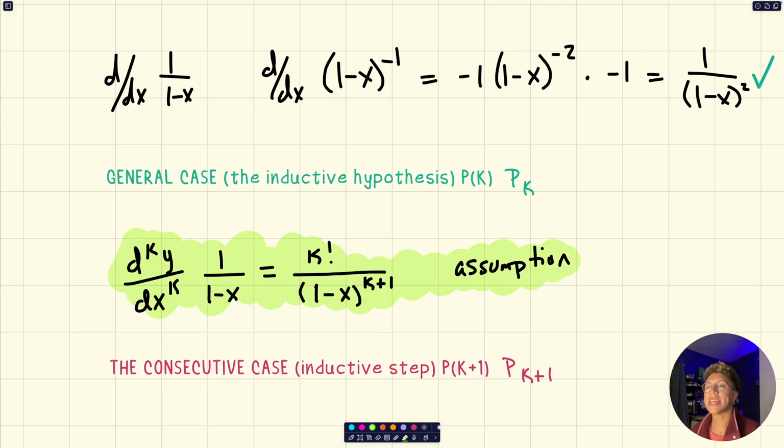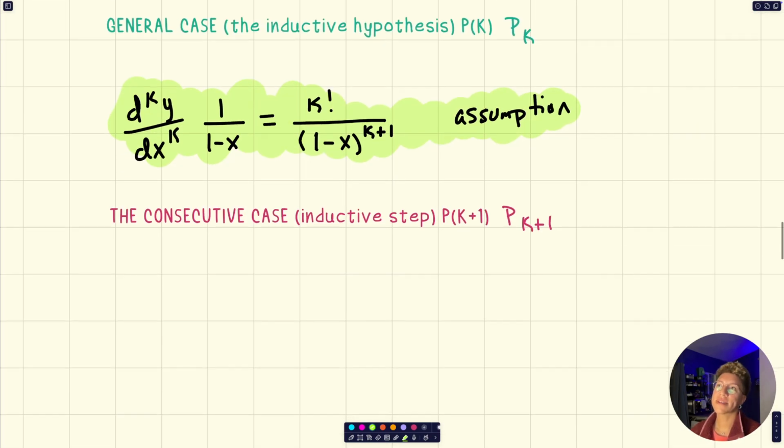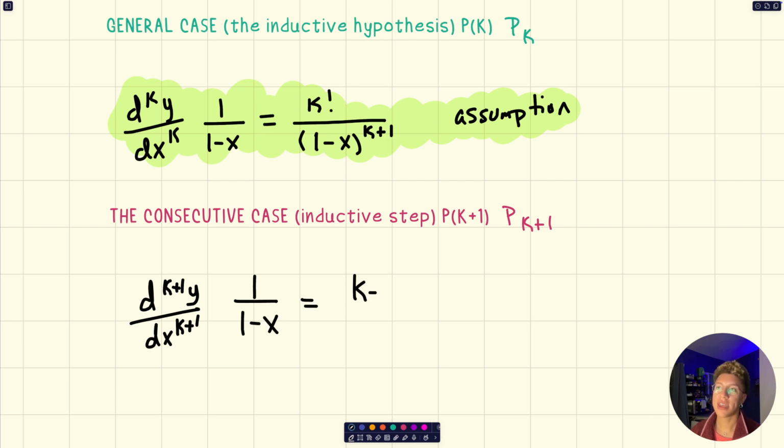Down here in the consecutive case, our inductive step, we're going to write down our claim or our goal. So we're going to say that the next derivative, the k plus 1th derivative of 1 over 1 minus x should be, if this is true, k plus 1 factorial all over 1 minus x to the k plus 1 plus 1.